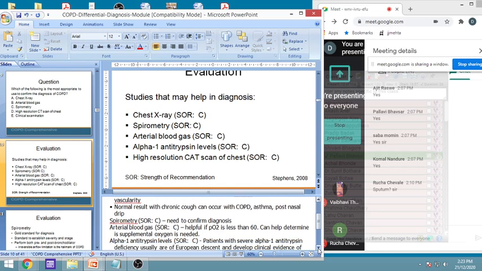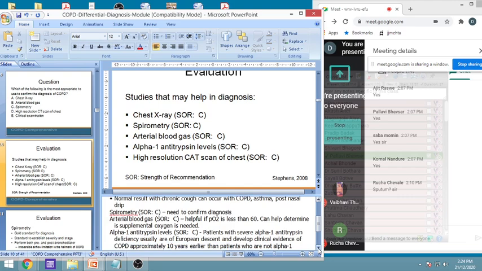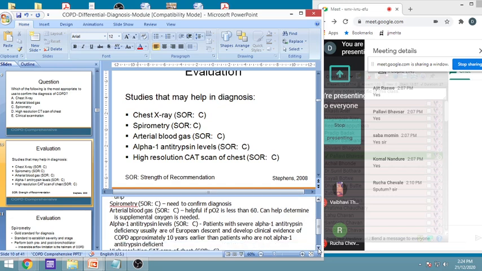Then alpha 1 antitrypsin level. Patients with severe alpha 1 antitrypsin deficiency are usually of European race, and they develop clinical evidence of COPD approximately 10 years earlier than patients who are not alpha 1 antitrypsin deficient.